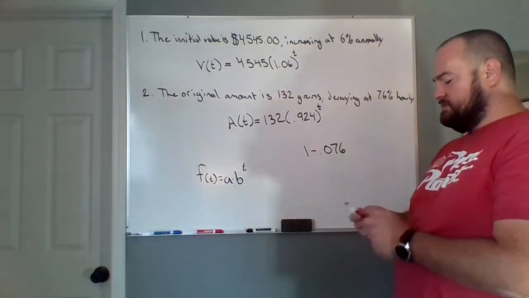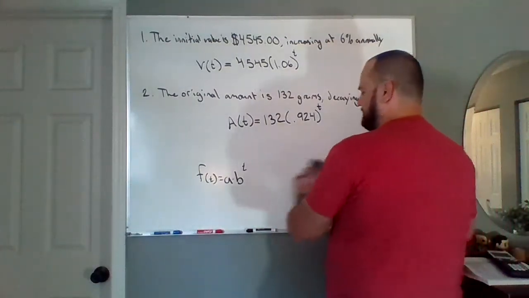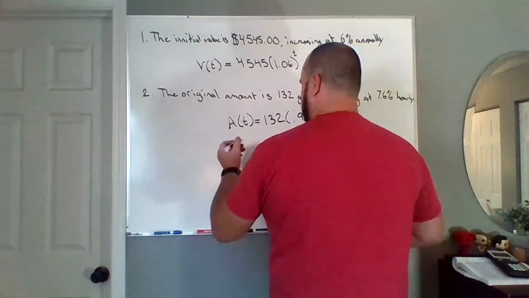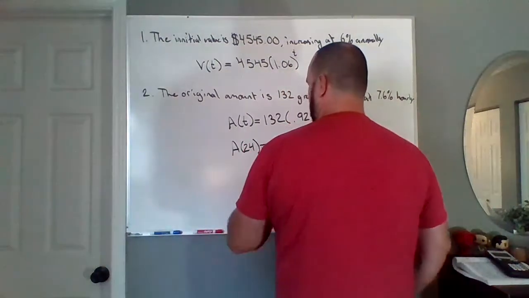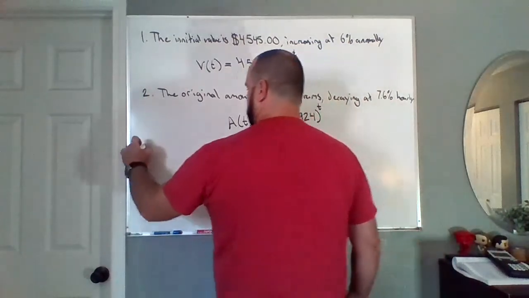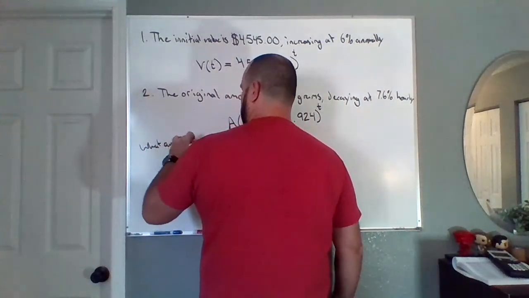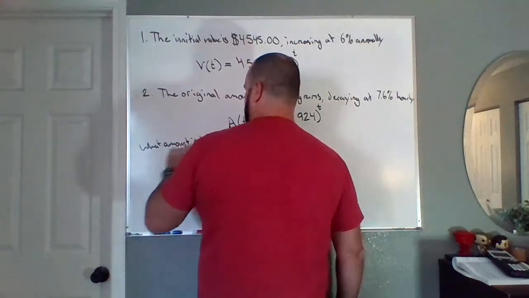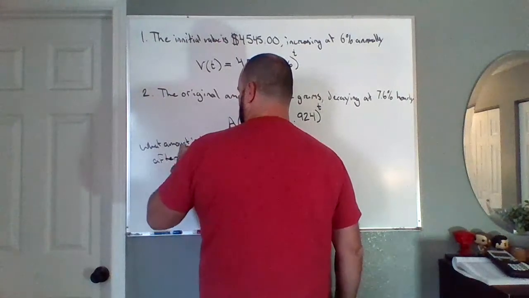Okay, now I want to show you guys a really cool trick. Let's actually do that real quick. Let's find what is a(24). So I want to find what amount is left after 1 day.